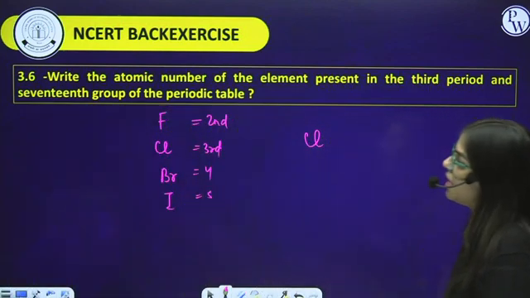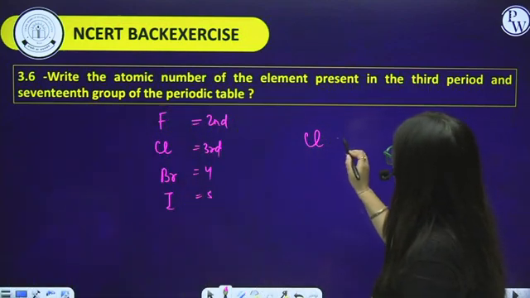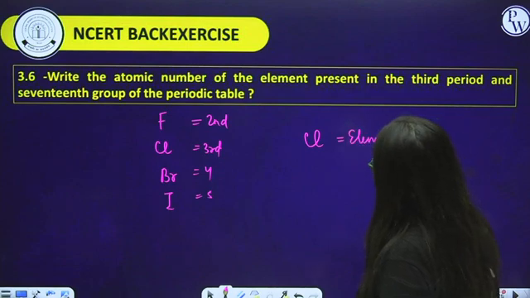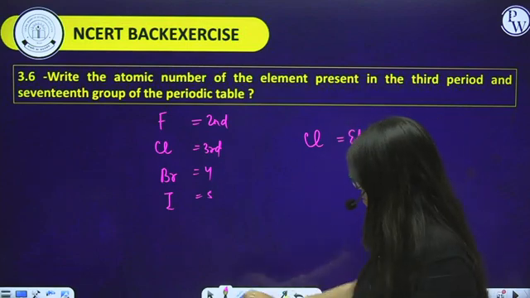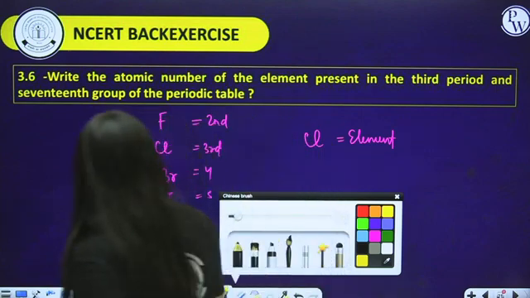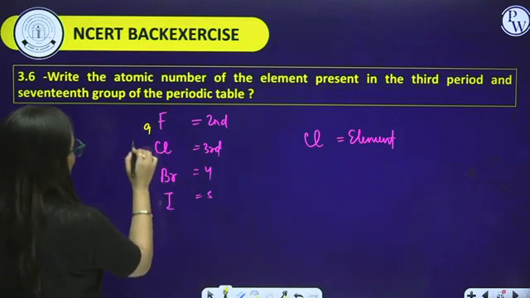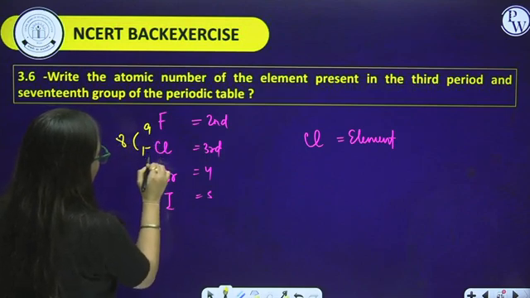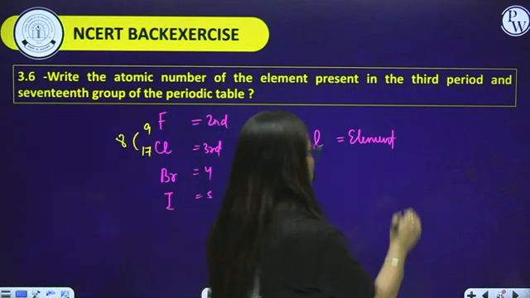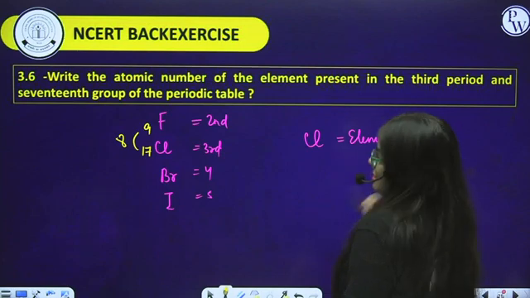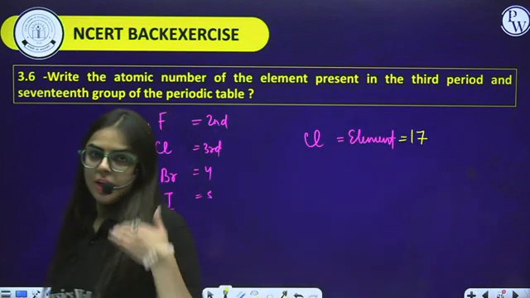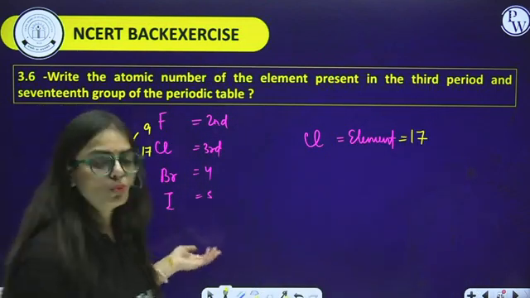Chlorine is your element. If you don't know the atomic number, you have to add 8 to it and you will get the atomic number, that is 17, the magic numbers. The atomic number is 17. Clear? 8, 18, 18, 32.